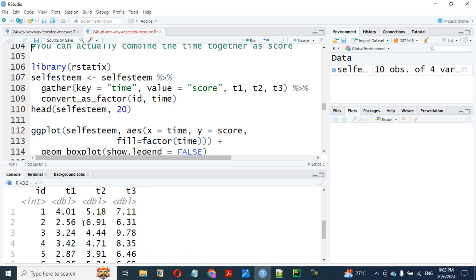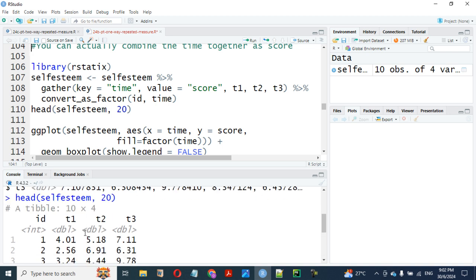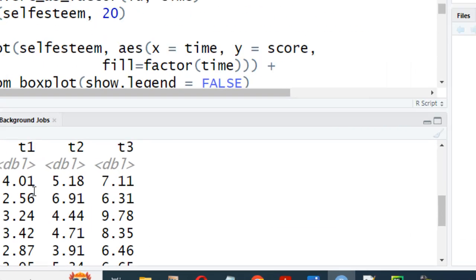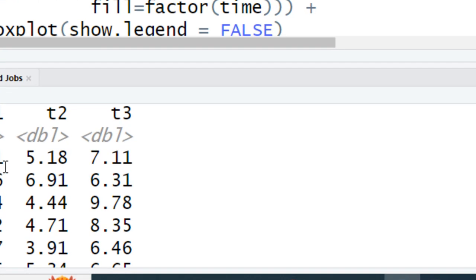We used a matrix method to run our, was that not in a Friedman test? Yes, Friedman test. We passed T1, T2, T3 in the form of a matrix, and we also did it in the form of a direct imputation using a variable in group form, where we now combine it together. And we have the same answer.